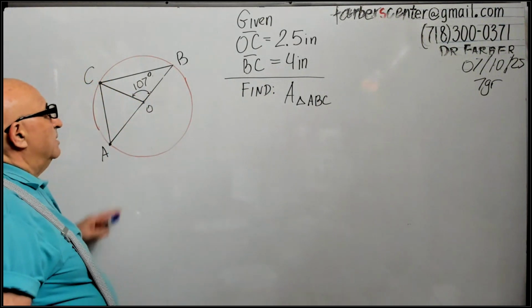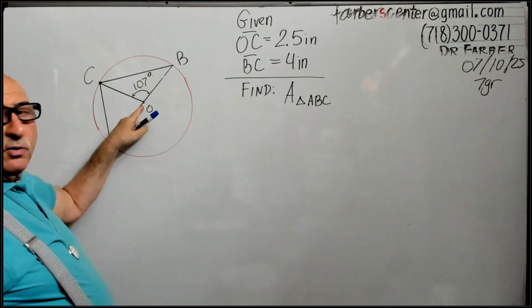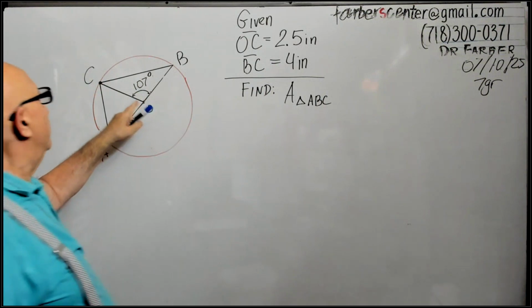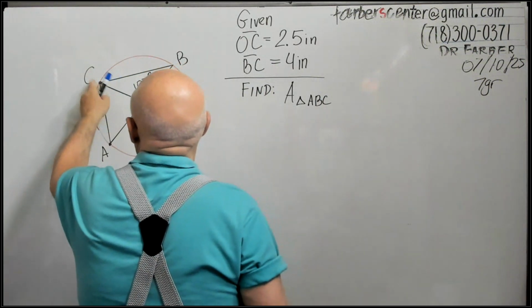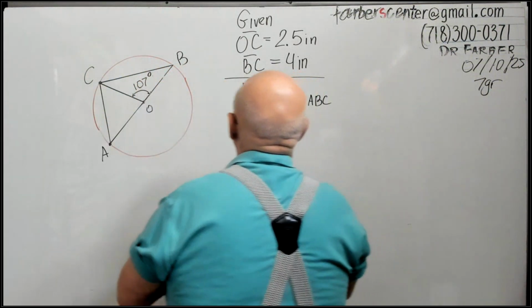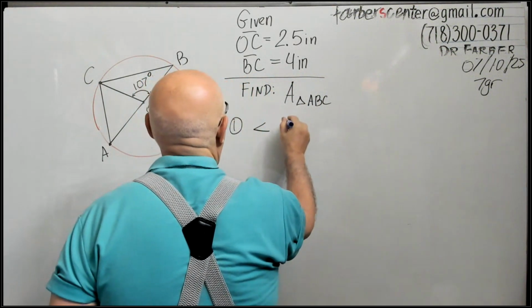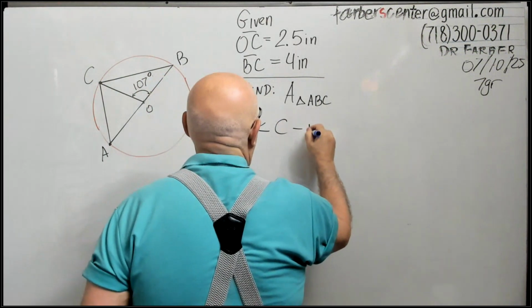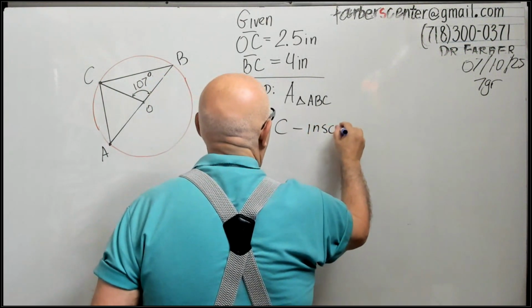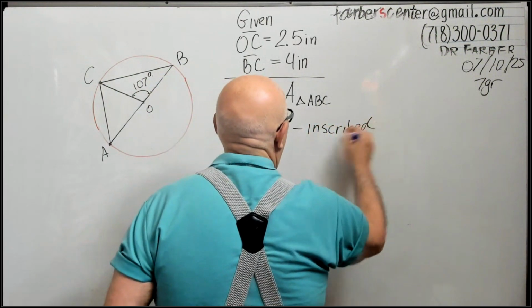When you have this picture, what you know, like we mentioned, is that O is the center of the circle. And angle C, how do you name angle C? Angle C is an inscribed angle.